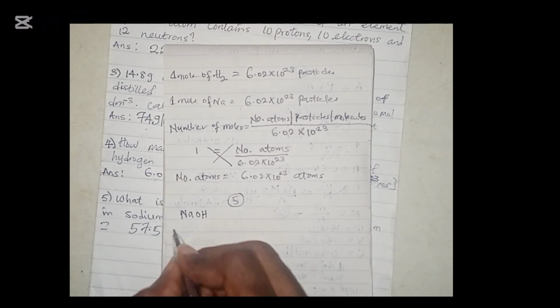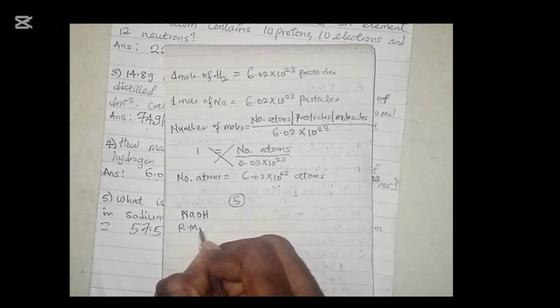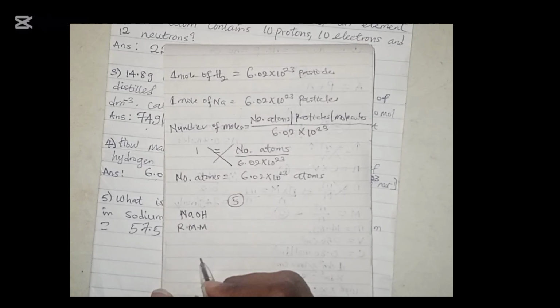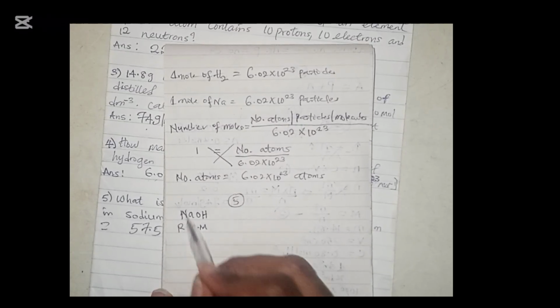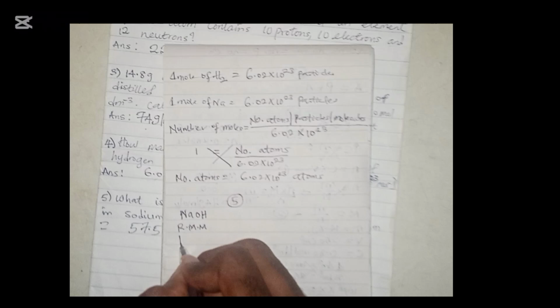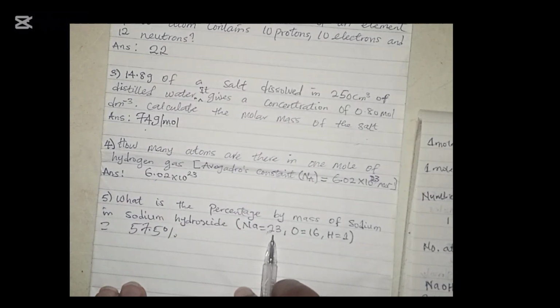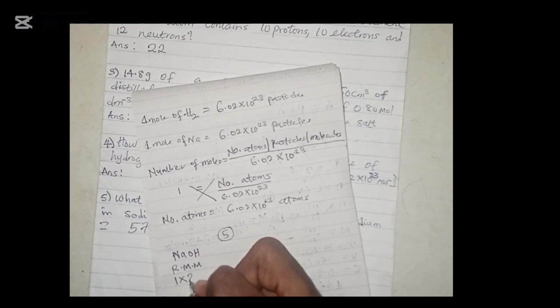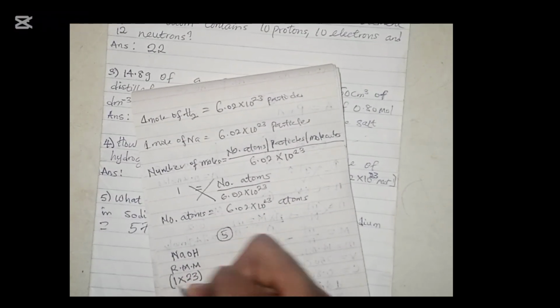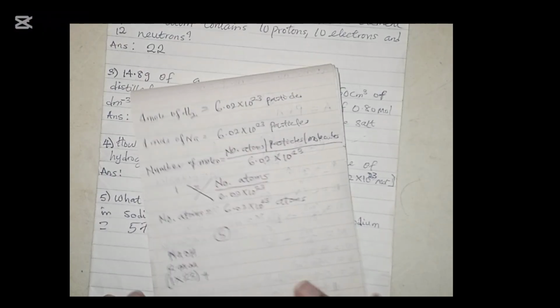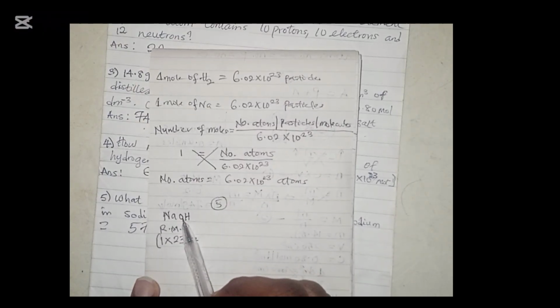Now, to find the relative molecular mass, what we would have to do is, how many atoms of sodium do we have here? 1. So say 1 times the relative atomic mass of sodium, which was given here to be 23. So 1 times 23. Plus, how many atoms of oxygen do we have here? 1.